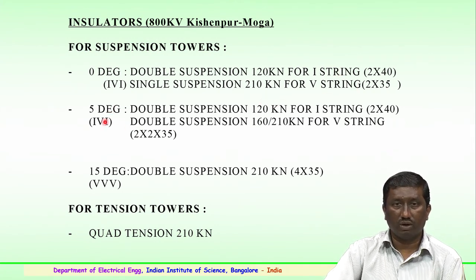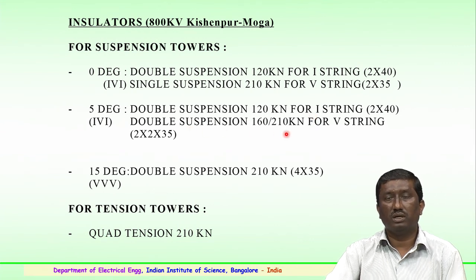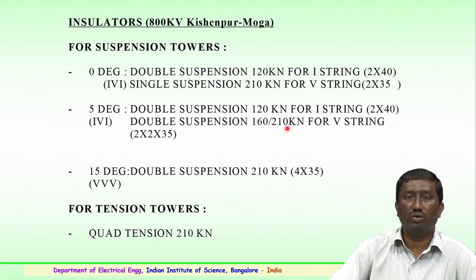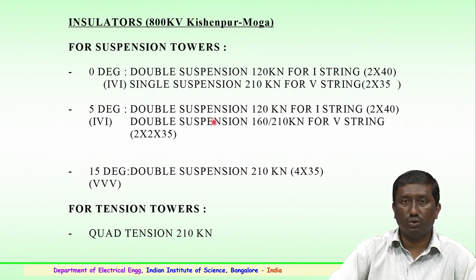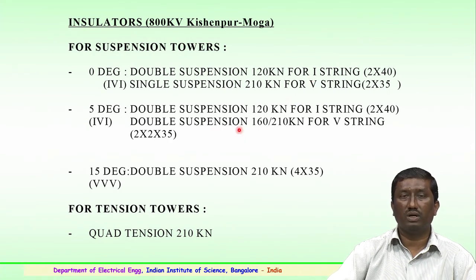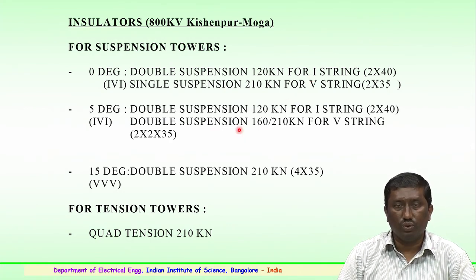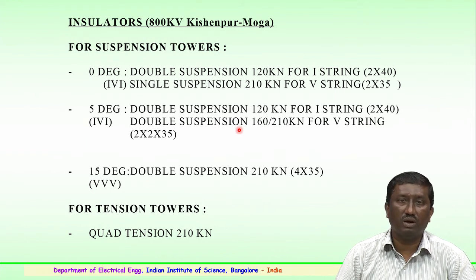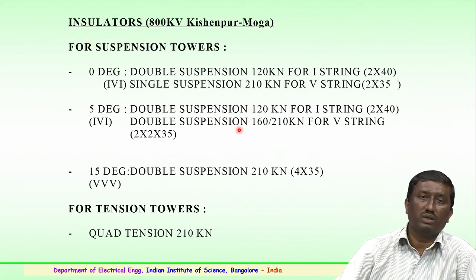In case of a 5 degree double suspension, 40 insulators were used, similar to the first one, and for double suspension both 160 kilonewton and 210 kilonewton were used. Here again, for suspension being double, we have used 2 V's, so both sides 2 V consisting of 35 into 2, that is 70 on either side of the string.